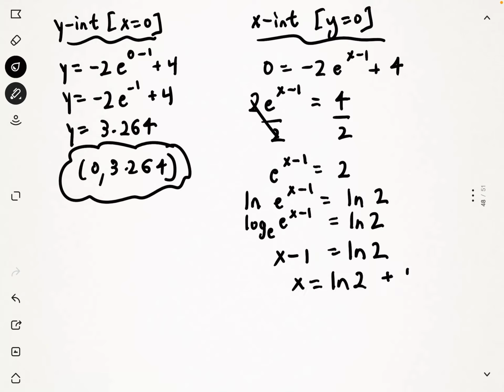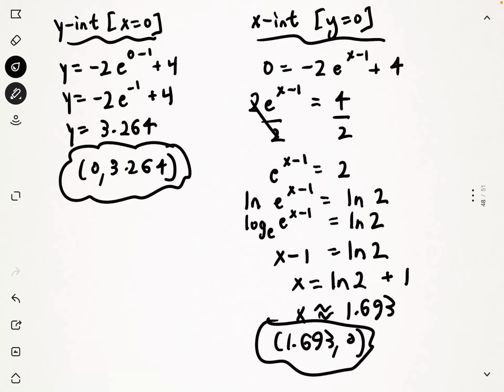So x is equal to ln 2 plus 1, which is, again, ready for the calculator. You can do that right there. You can get the ln of 2 and then add 1 to your answer, and you'll get this number right here, and this is your x-intercept.